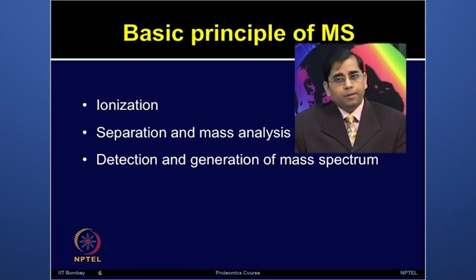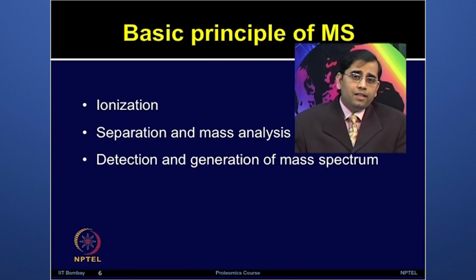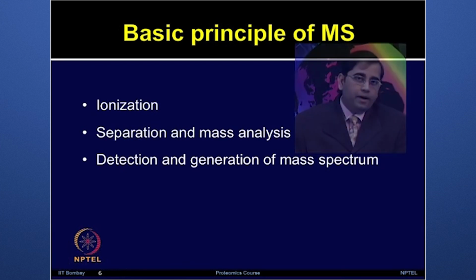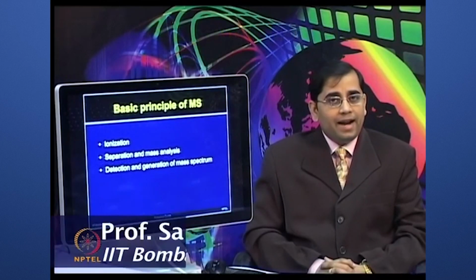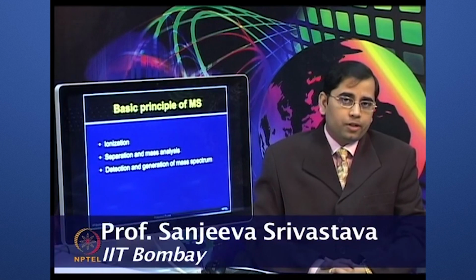Now, what is the basic principle of mass spectrometry? So, first step is ionization, to convert analyte molecules or atoms into the gas phase ionic species. It removes or adds electrons or protons.